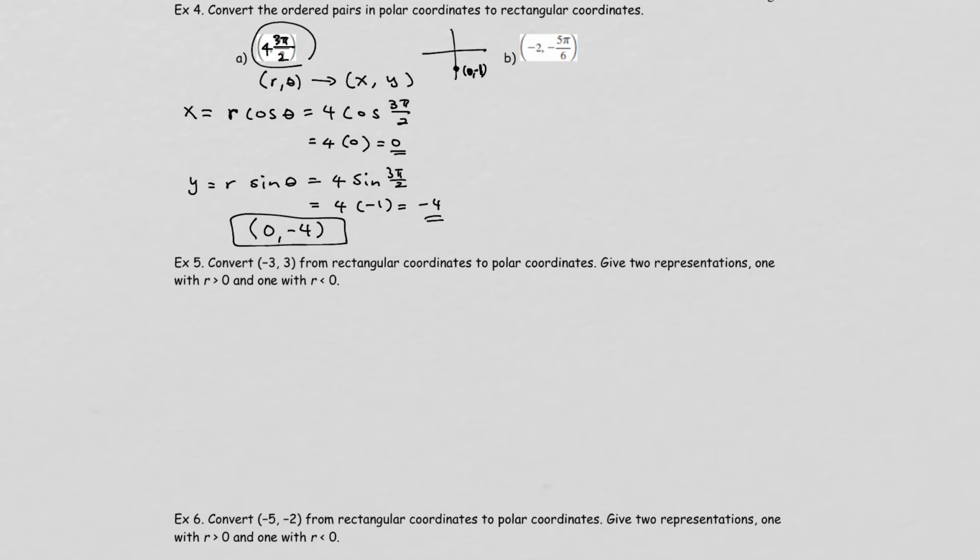Let's try one more. So this one is going to be negative 2 for the r and negative 5 pi over 6 for theta. So when we replace that, x will be negative 2 times cosine of negative 5 pi over 6.